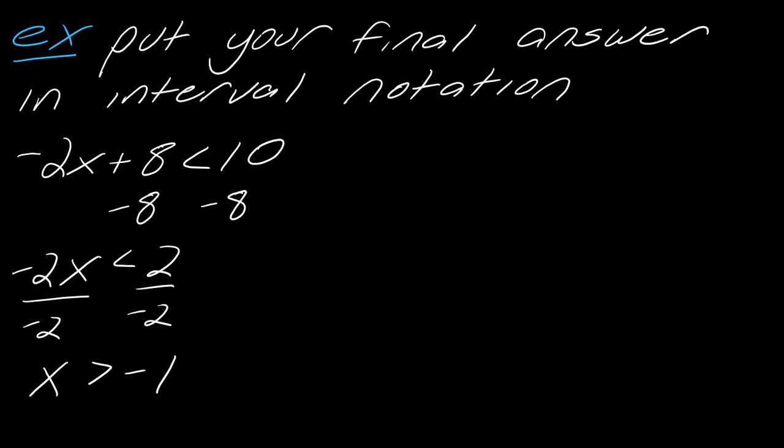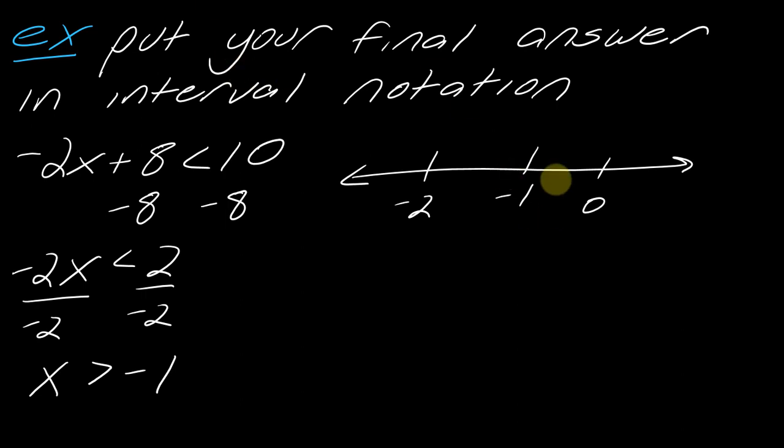Now, the easiest way to represent interval notation, in my experience, especially if you forgot, is to first graph this on a number line. Here's negative 1, here's 0, here's negative 2. If I start at negative 1, which way is the greater than direction? This side is greater than.